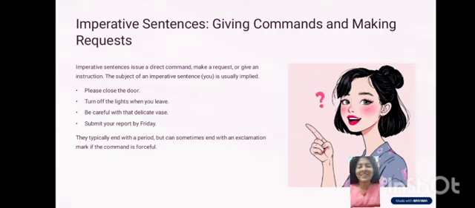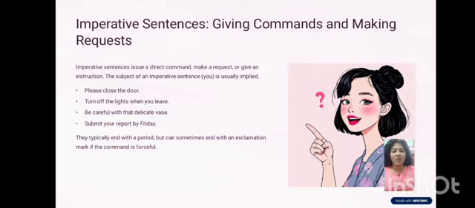The third type of sentence is imperative sentences. An imperative sentence is used to direct, influence, or guide the actions of others. It serves functions such as giving commands, making requests, offering advice, issuing warnings, or providing instructions.